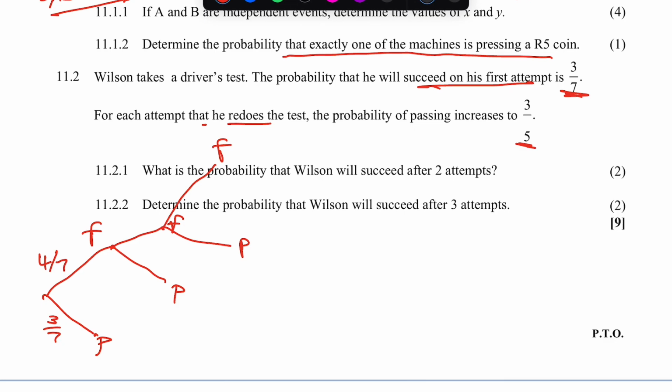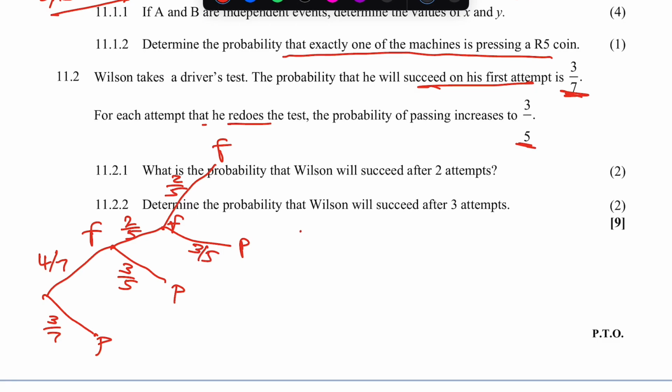So for the second attempt, pass is 3 over 5, and fail will be 1 minus 3 over 5, which is 2 over 5. Then the next attempt, again, the probability that he will pass is 3 over 5, and the probability that he fails is 2 over 5 again.